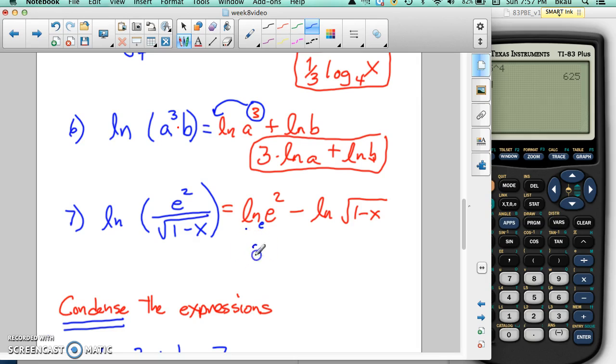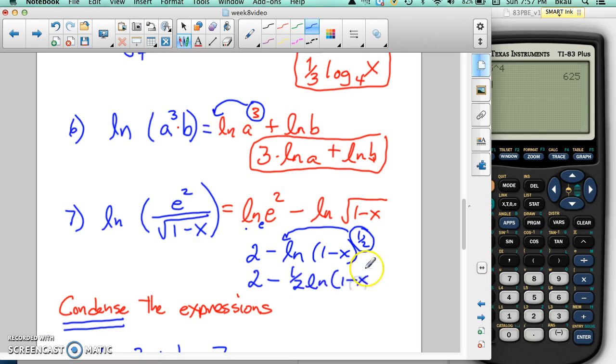So this one is just 2. Now we would rewrite this one with the power so that we can reduce a little bit more. This is going to be 1 minus x to the 1/2 power. So we can pull this exponent down in front. So my final answer here is going to be 2 minus 1/2 ln of 1 minus x.